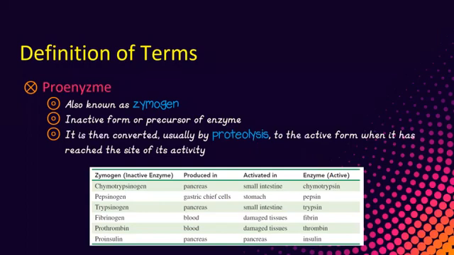Upon secretion, they will be transferred to our intestinal tract in order to be activated. The activated forms are now called trypsin and chymotrypsin. So they must proceed to another tissue or the same tissue for our proenzyme to be activated.